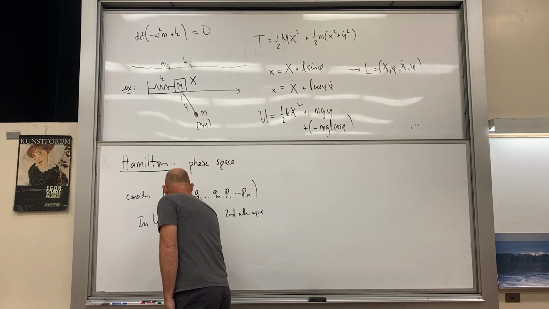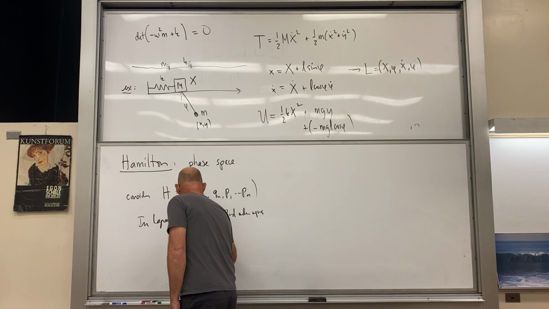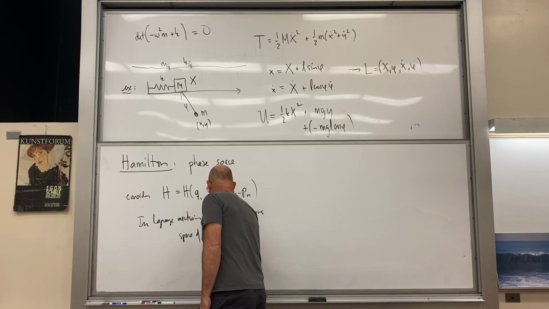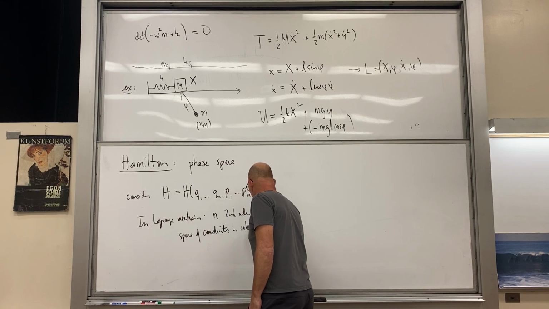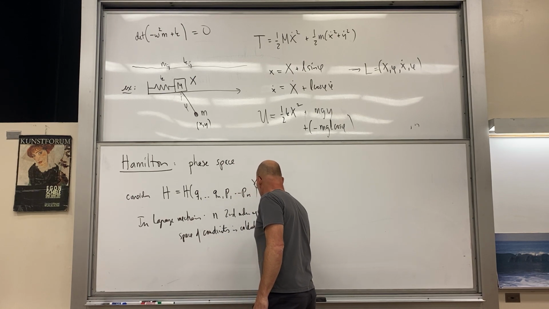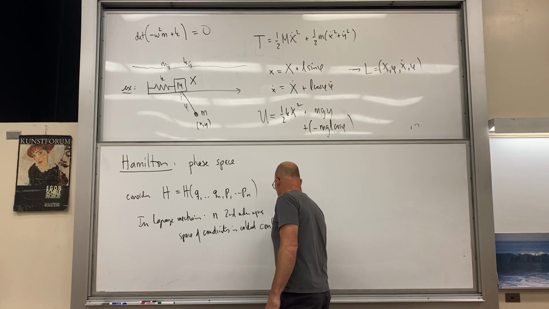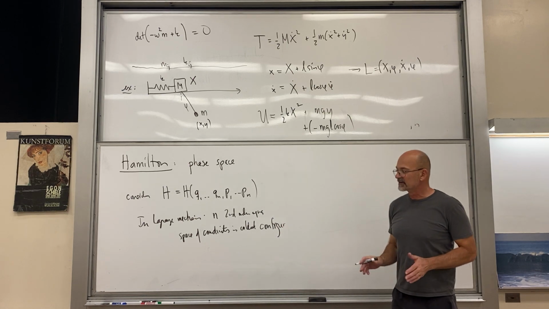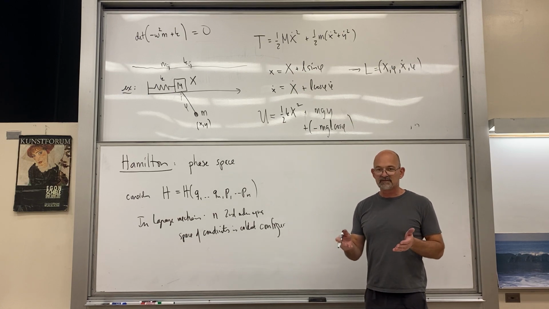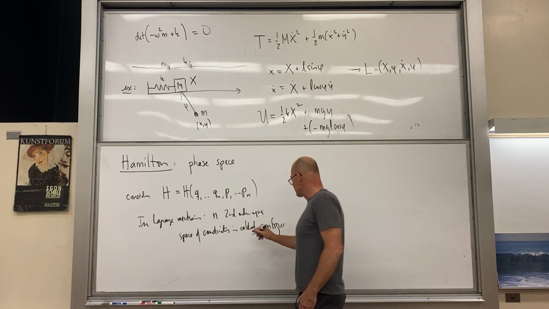So space of coordinates is called configuration space. And there's nothing fancy about that. If it's three space, Cartesian three space, then that is your configuration space.